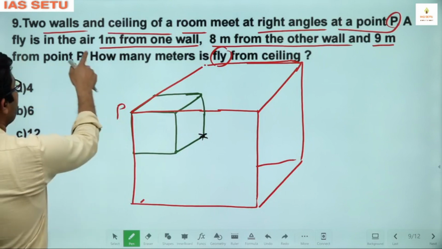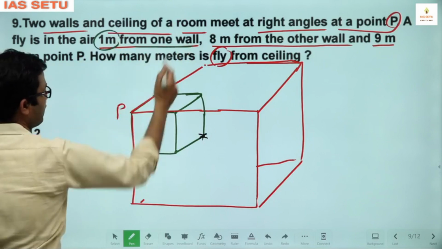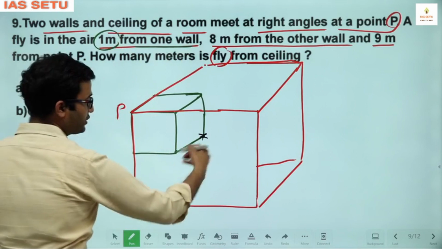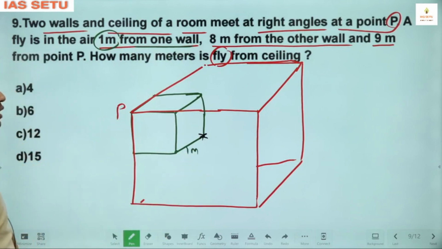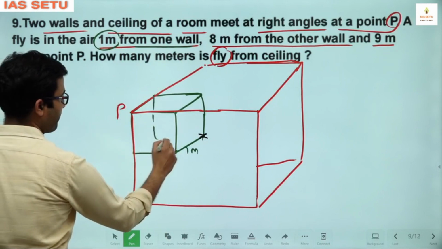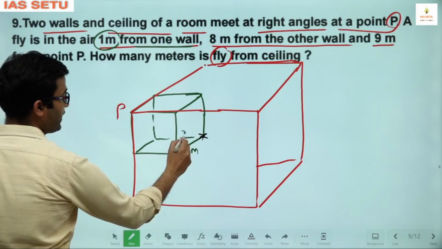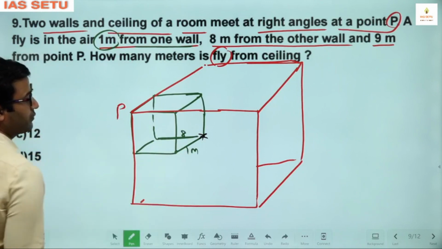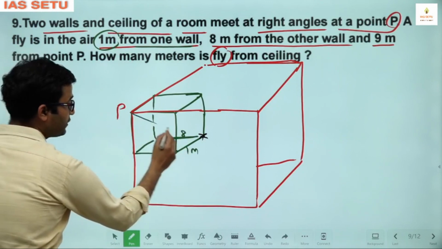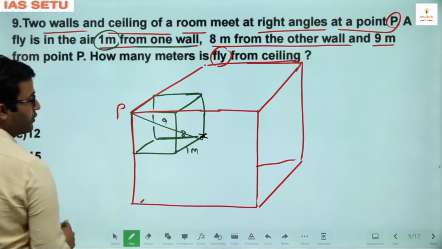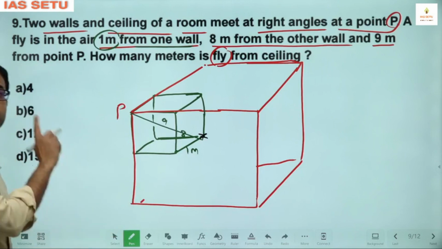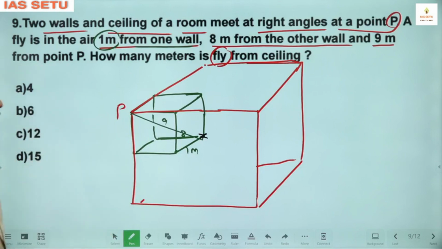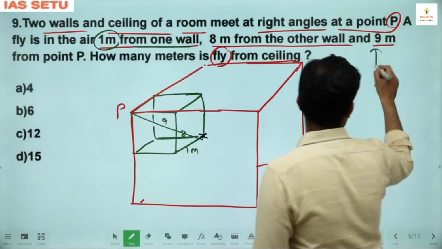Now, the fly is in the air 1 meter from one wall, so this is 1 meter from this wall, and 8 meters from another wall. And 9 meters from this point, which is the diagonal distance. 9 meters is actually the diagonal distance of the fly from this corner.